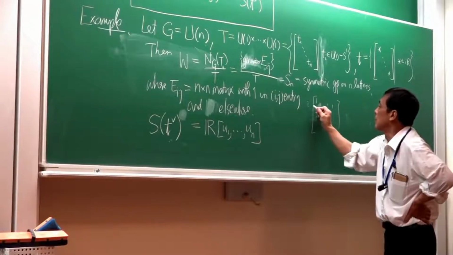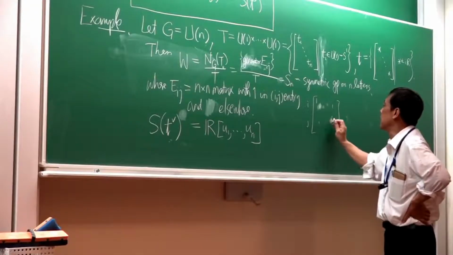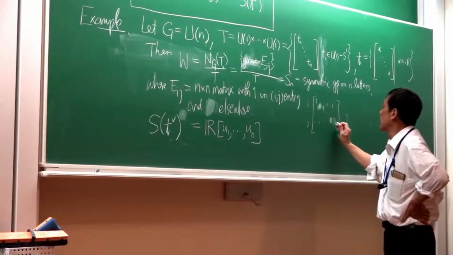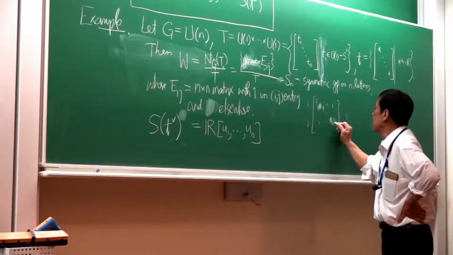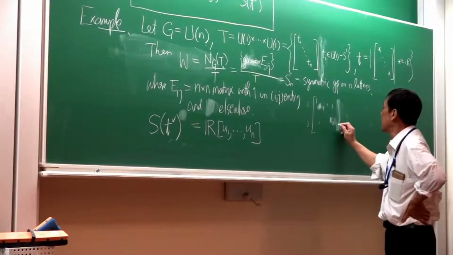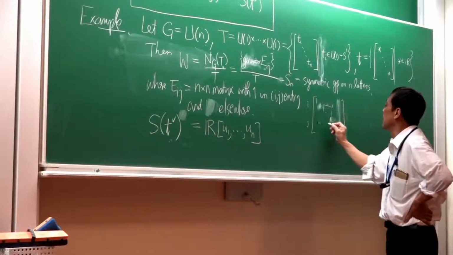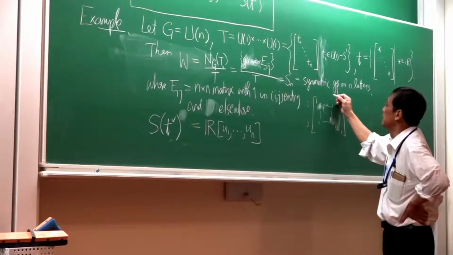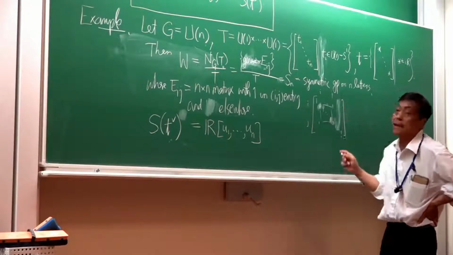So, 0 in II and JJ. Right. Yeah, it should be this. EIJ. Yeah.